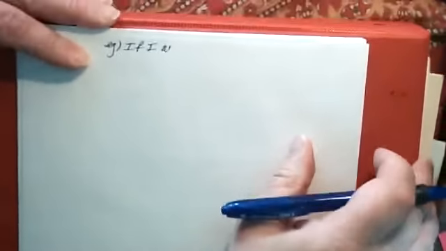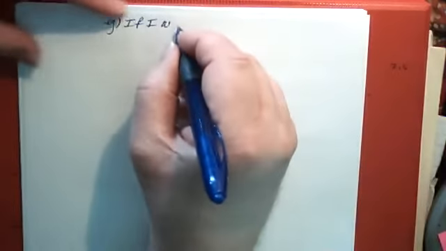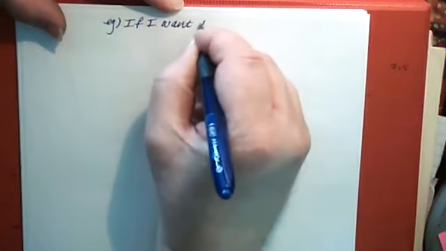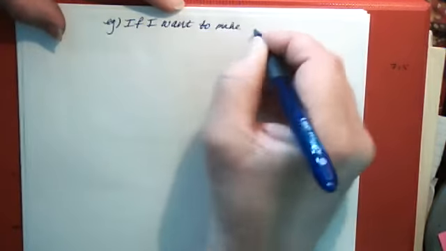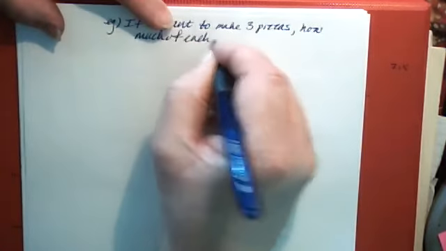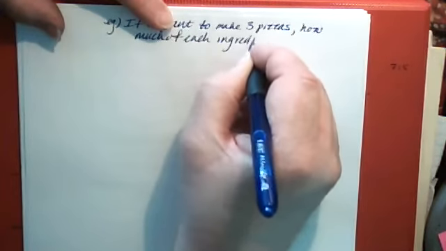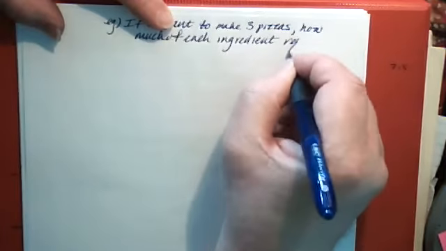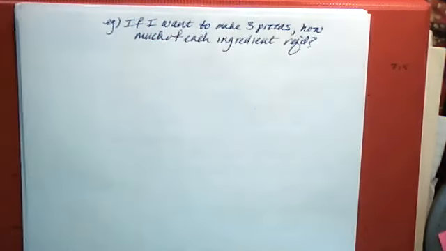You can go the other way around. If I want to make a certain number of pizzas, how much of the ingredients do I need? So if you want to make 3 pizzas, how much of each ingredient is required?